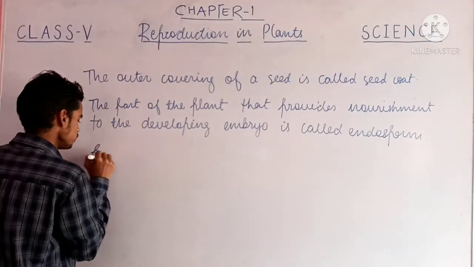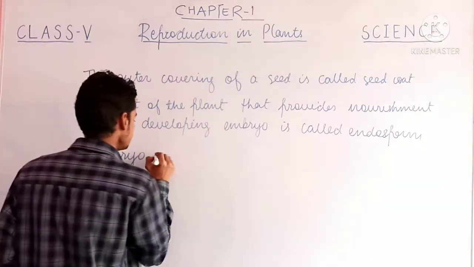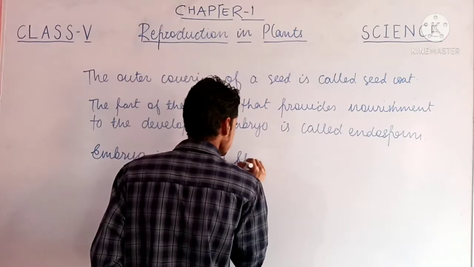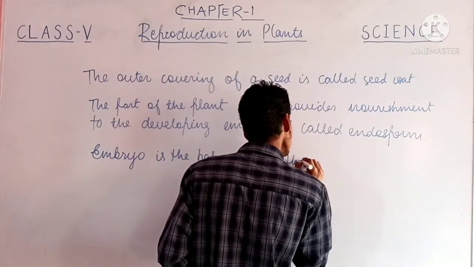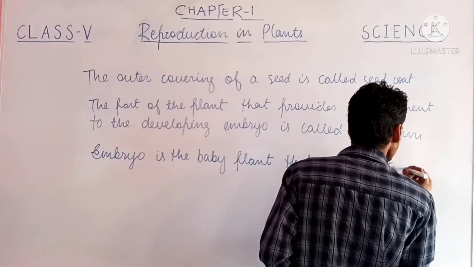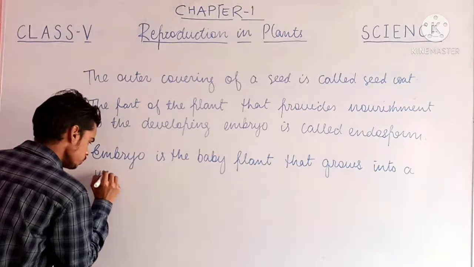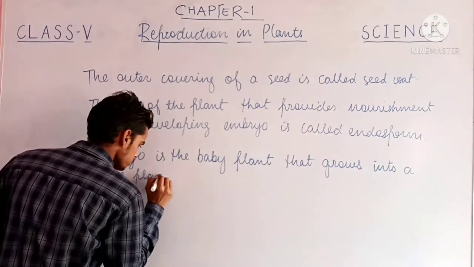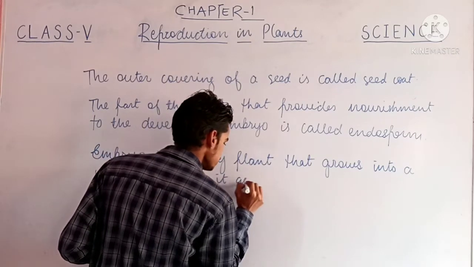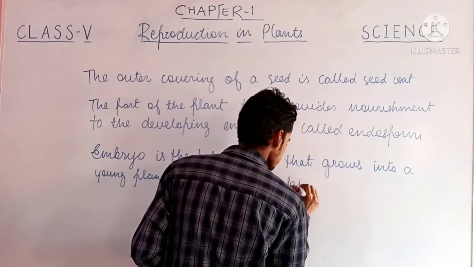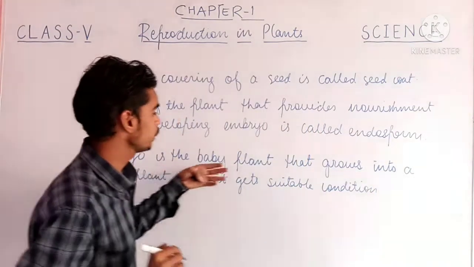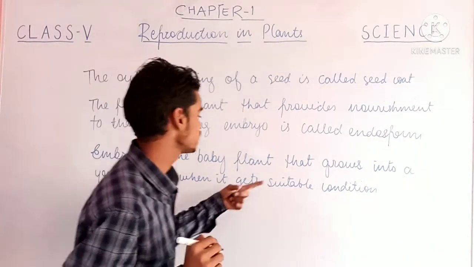So what is embryo? Embryo is the baby plant that grows into a young plant when it gets suitable conditions.